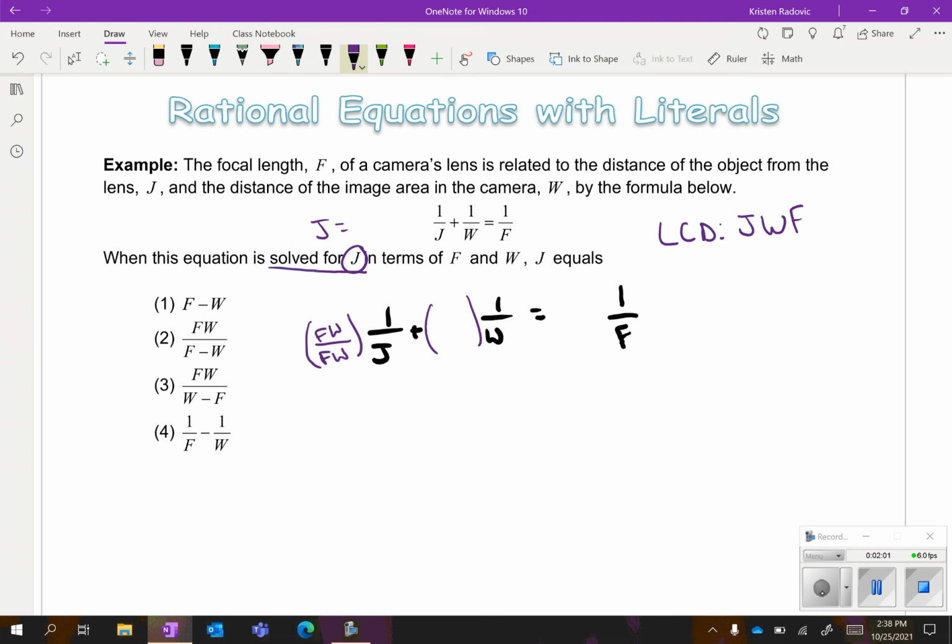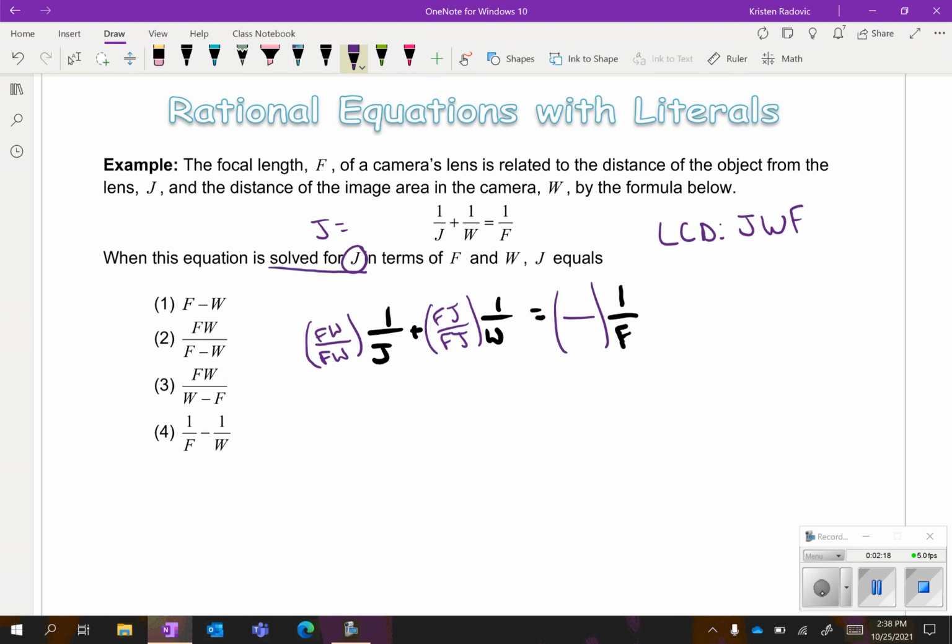Second fraction has the W, but it's missing the J and the F. So I'm going to multiply by FJ. And again, you could put these letters in any order that you want. Alphabetical order is the more typical order to use though.